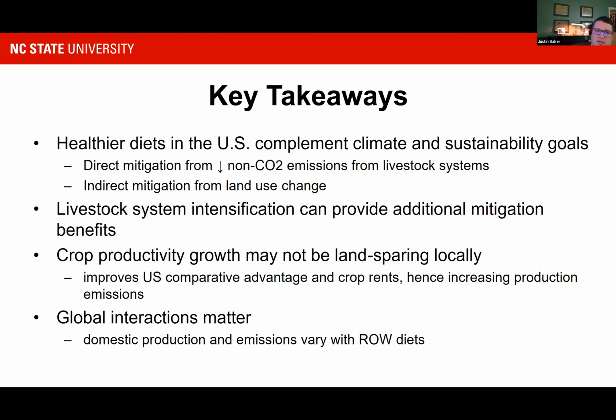And this happens really because increasing crop productivity growth in the US improves the US comparative advantage and raises crop rents, which has the effect of increasing production overall as the US gains even more of an export share to the rest of the world. And that ultimately results in increased production emissions.